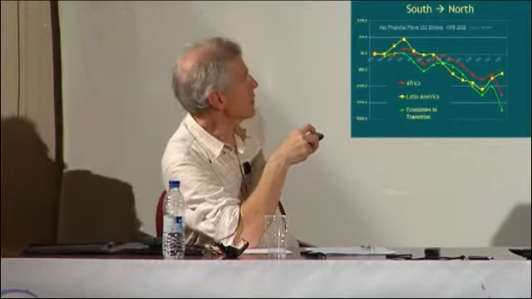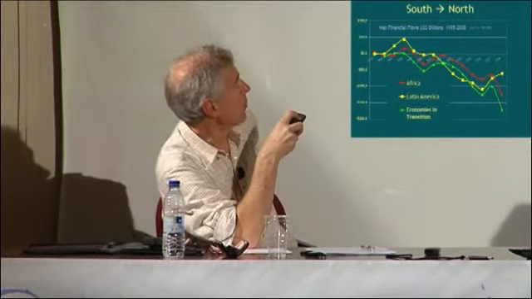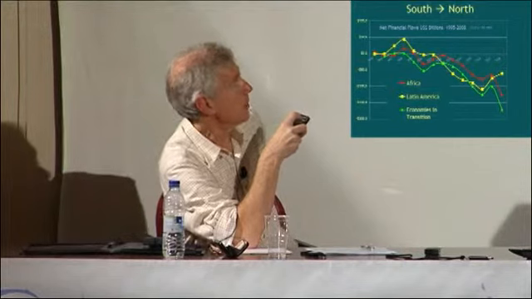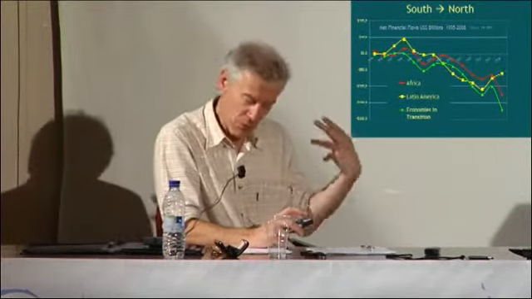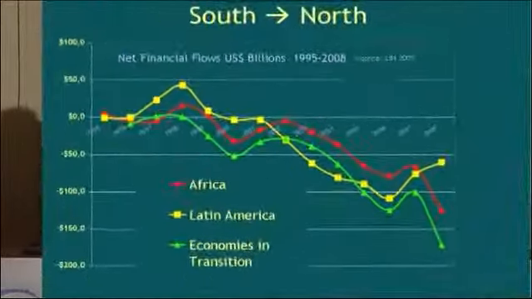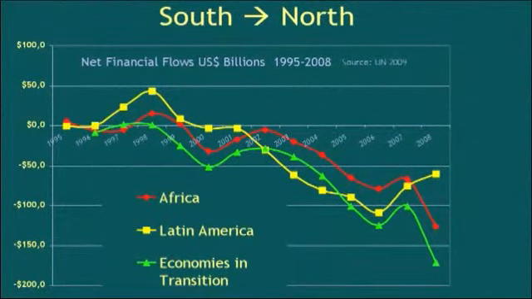And the statistics offer a view that where monies are flowing generally from the rich to the poor, they would be going above this line of 0. But as you can see, they are not.